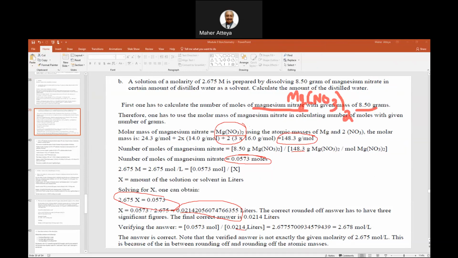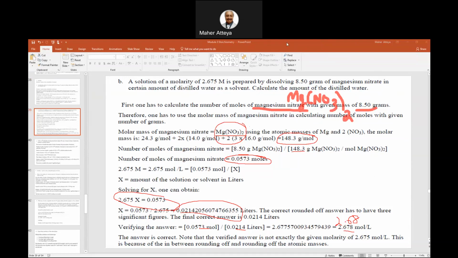This is 366, this is 366, but I see here 2.67. That's not correct. It has to be 2.68. It has to be 366. Right? It's not really correct, but the significant figures here have to be 3.